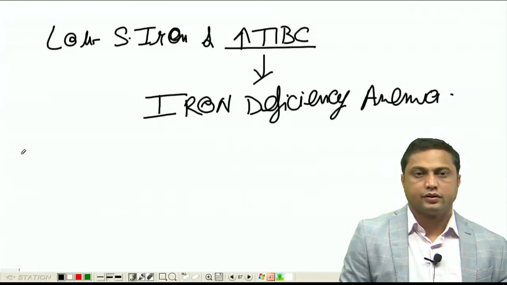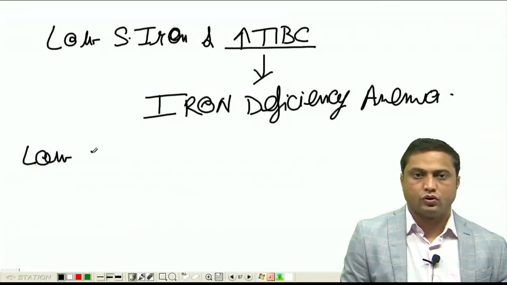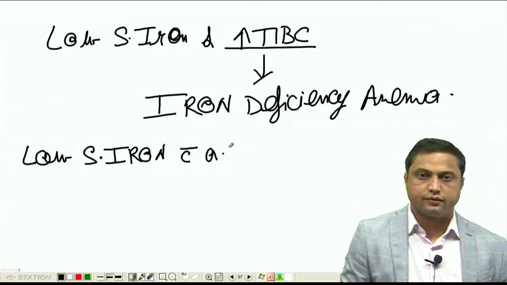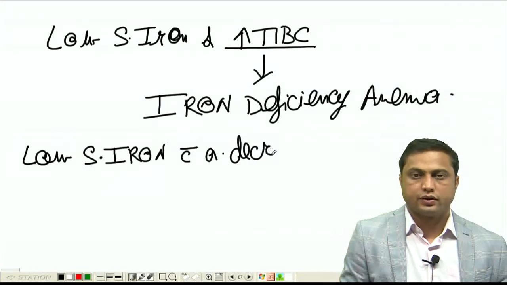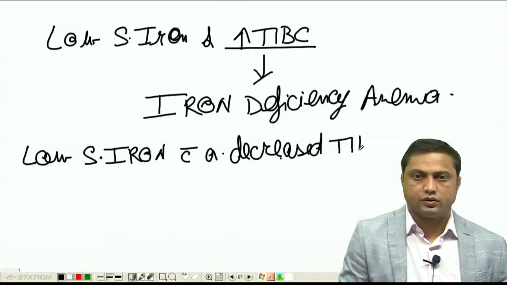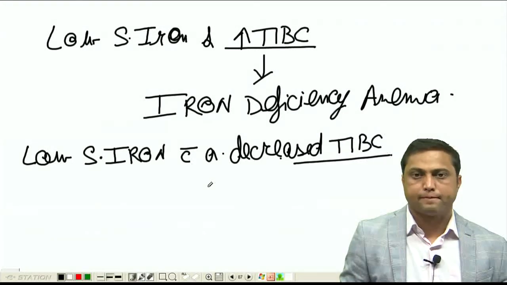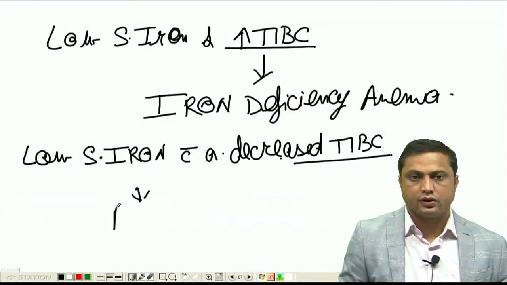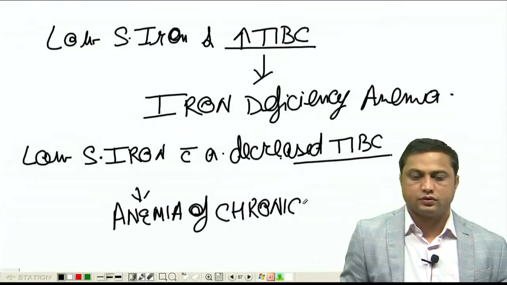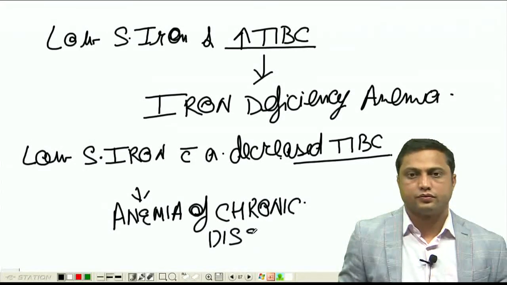If there is low serum iron with decreased TIBC, it's anemia of chronic disease.